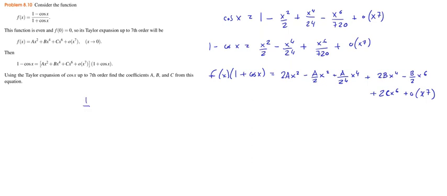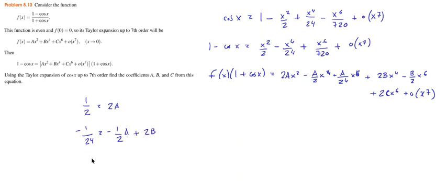So then we have 1/2 on the left hand side is equal to 2 times a, at x squared. Then in x to the fourth, minus 1 over 24 is equal to minus 1/2 of a plus 2b.